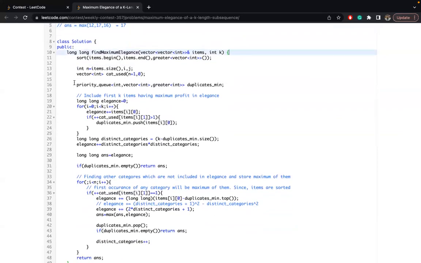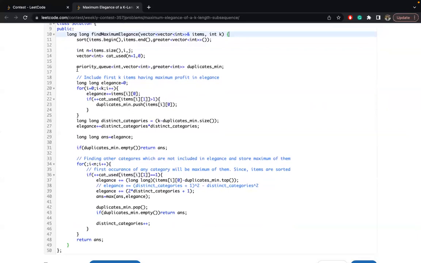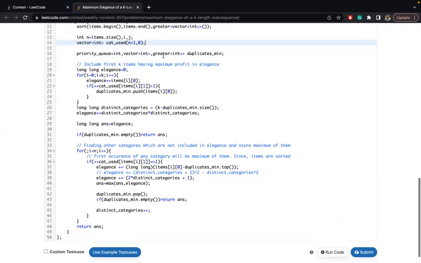And then I have initialized a priority queue, and a kind of vector which maps to categories. So we just find out which categories have been used or which have not been used, and how many times each has been used. That thing it is keeping.